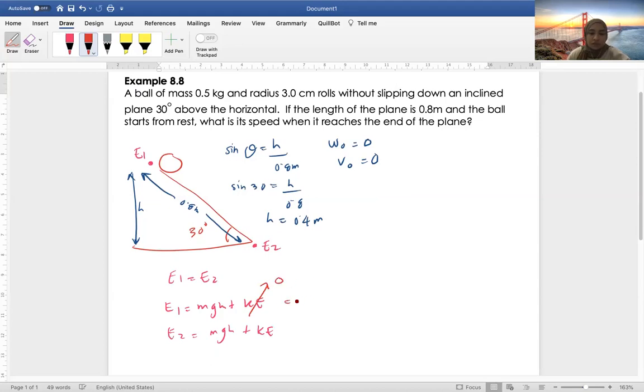So the E1 is just mgh, m is 0.5, g is 9.81, h is 0.4. At the end point, the energy should be the same, but here the h is 0, so this becomes 0. So now it becomes 1 over 2 mv squared plus 1 over 2 I omega squared.